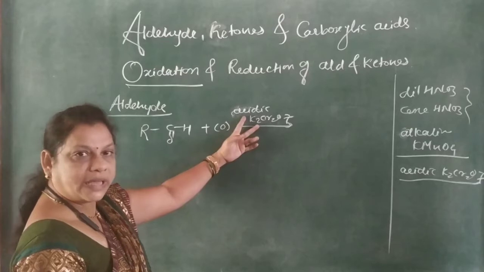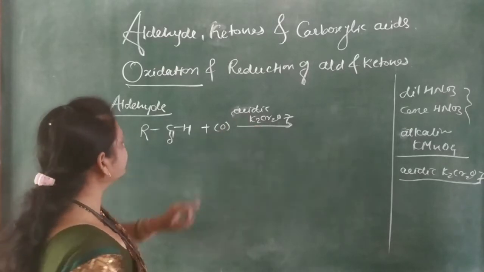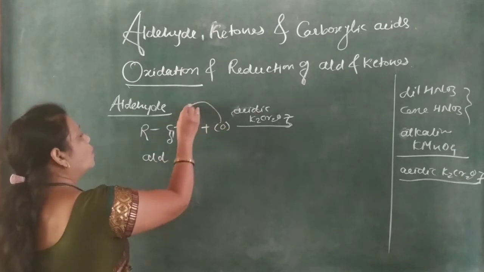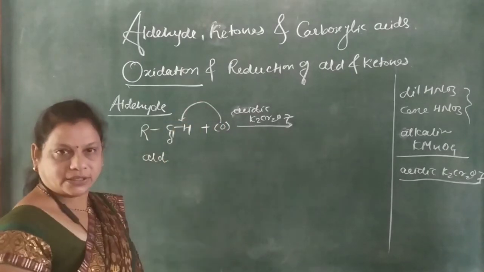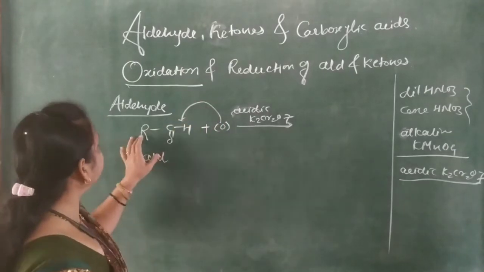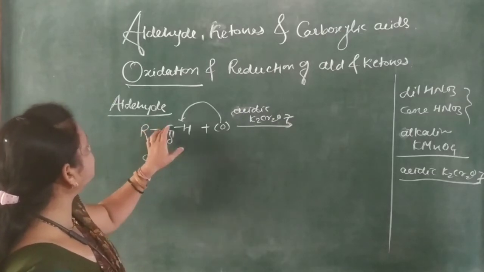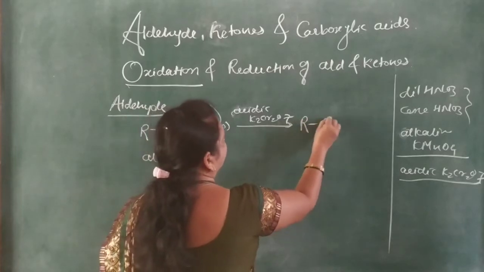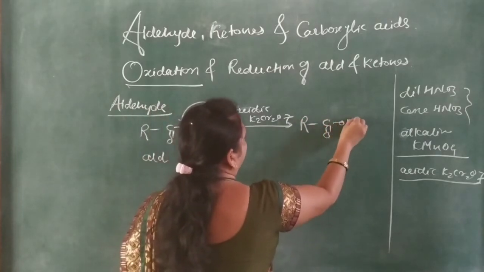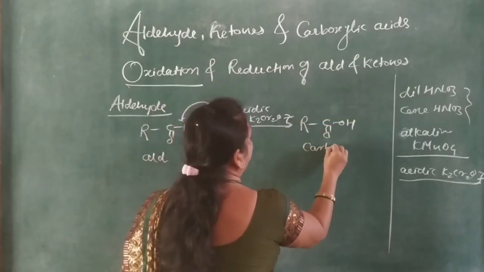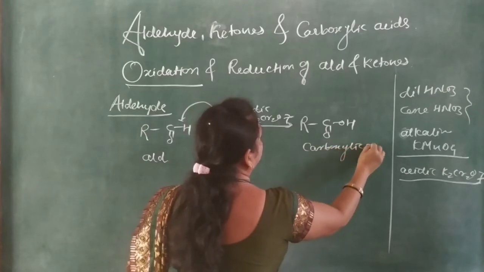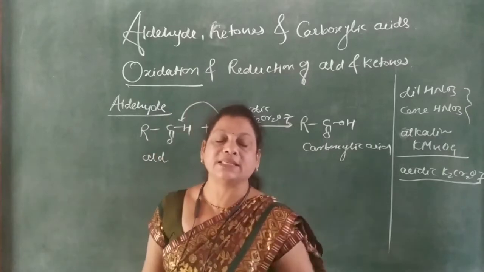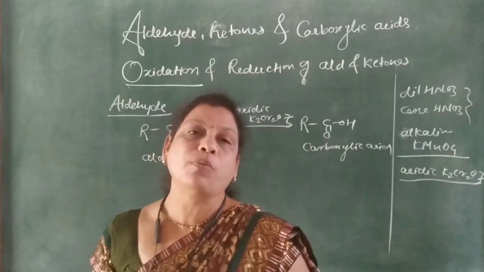And this nascent oxygen atom is introduced between this C and H. The mechanism is different, but this RC double bond O, this O and this H form RC double bond OH, meaning the corresponding carboxylic acid. So here an aldehyde is oxidized to a carboxylic acid with the same number of carbon atoms.